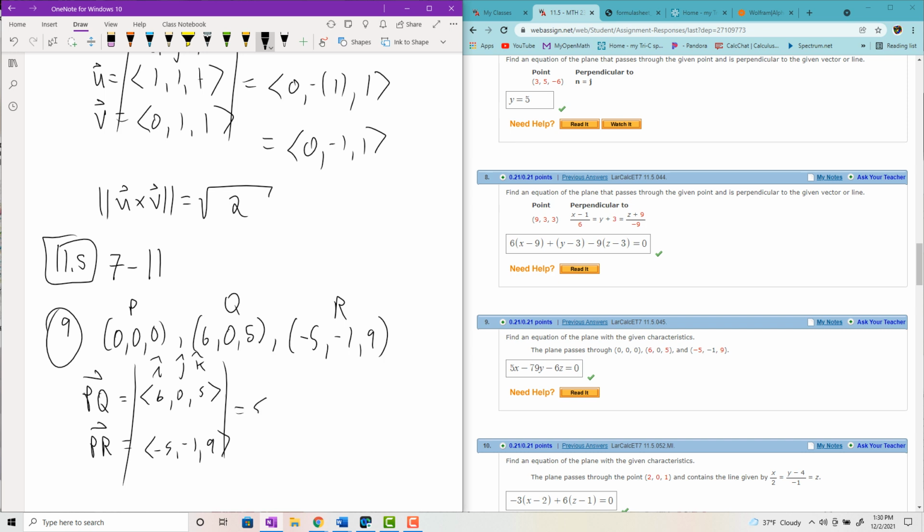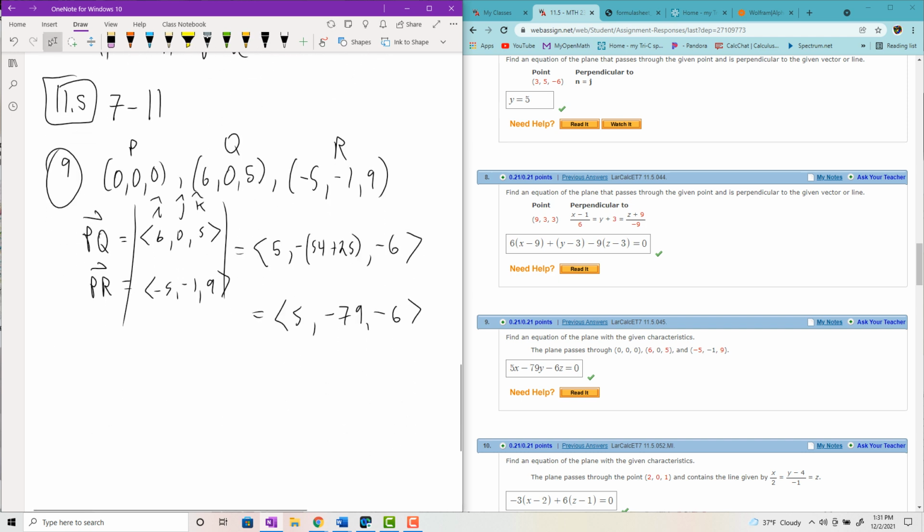So my vector will be, covering up the first column, 0 minus -5, so that's 5. Covering up the second column, you have 54 minus, and of course this is a negative, so it's 54 minus -25, so plus 25. And then cover up the third column, -6 minus 0. So 5, negative 79, -6 for your normal vector.